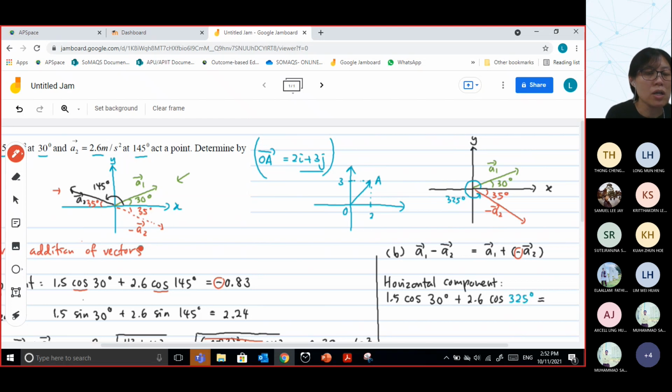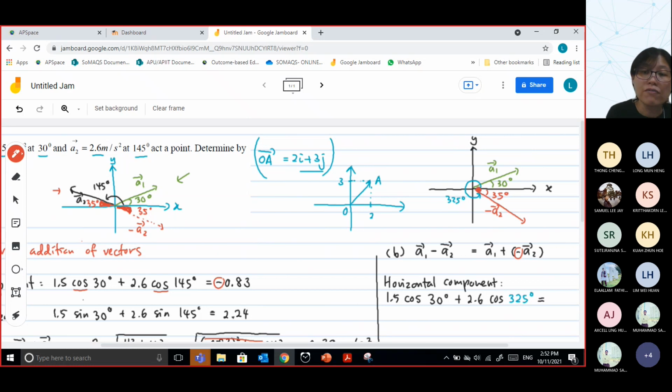When it comes to the opposite direction, your A2 is actually 145. If 145, the basic angle is 35. So opposite direction, this is the vector A2, then the angle here will be 35, right?